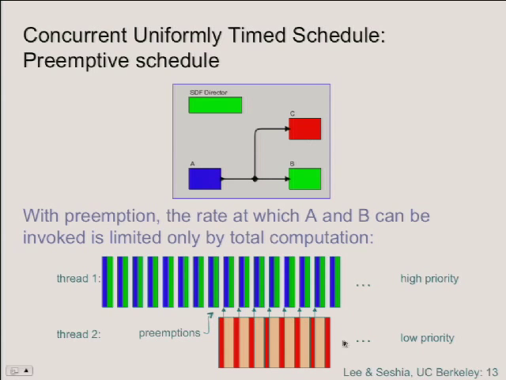Now, notice that I didn't use a rate monotonic argument here. I used kind of a hand-wavy argument. You could use a rate monotonic argument, right? In particular, if C executes once for every 8 input tokens, then it executes at 1/8 the rate of A and B. So by rate monotonic principles, I should give it lower priority. But it may not have any time criticality at all, right?